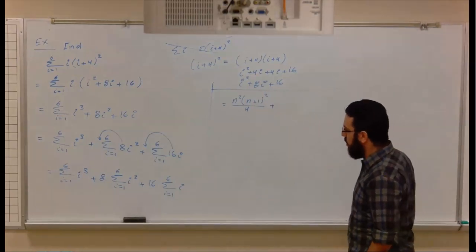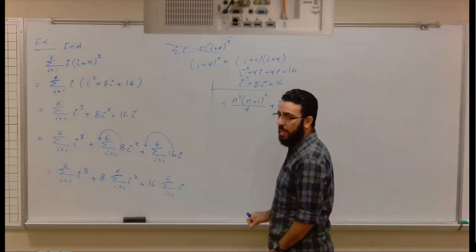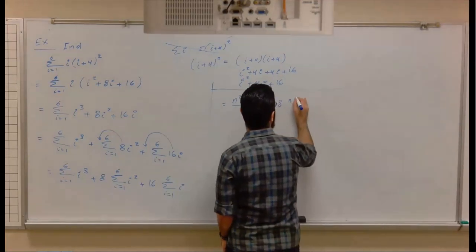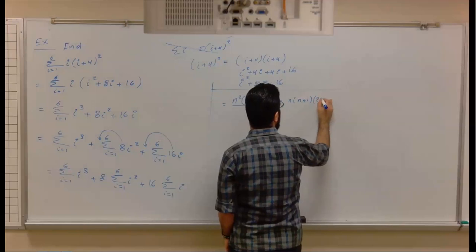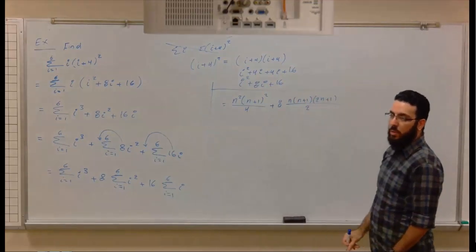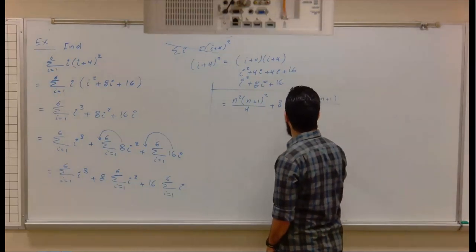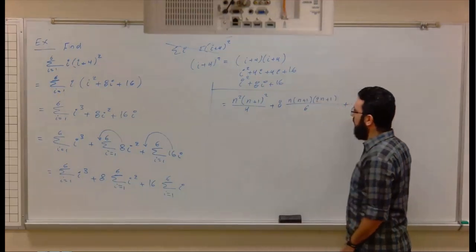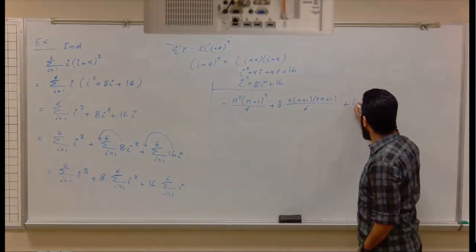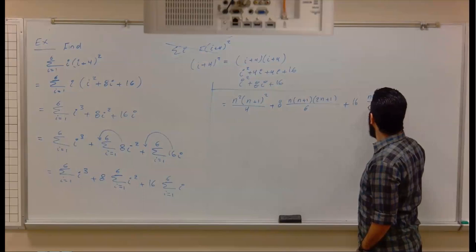The second one is going to be 8, and on the top is going to be rule number 3: n plus 1, 2n plus 1, divided by 6. And a plus, you can use rule number 2, which is for the I. So write down the 16. It's going to be n plus 1 over 2.